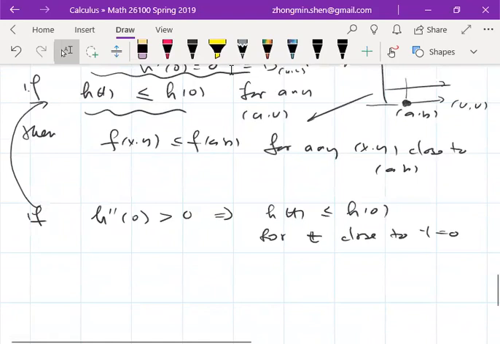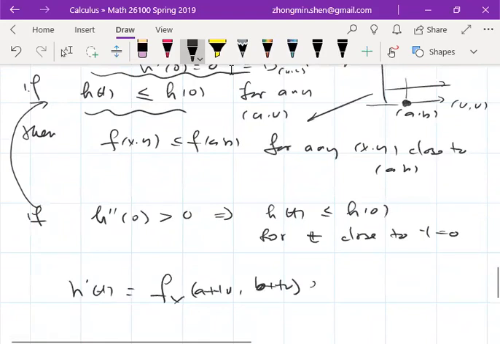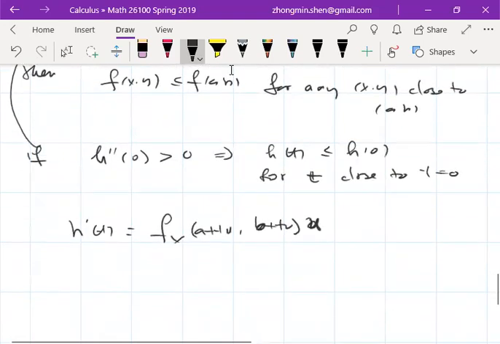So let's calculate. Let's look at the first derivative. The first derivative is going to be f_x at (a plus tu, b plus tv) times u, plus f_y at (a plus tu, b plus tv) times v.